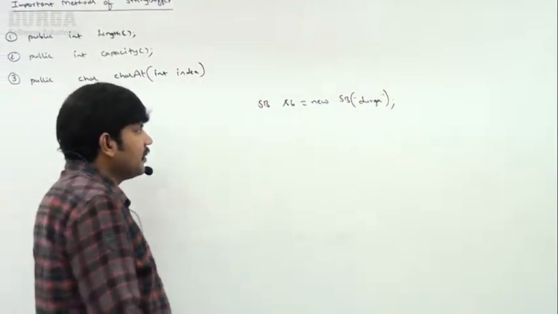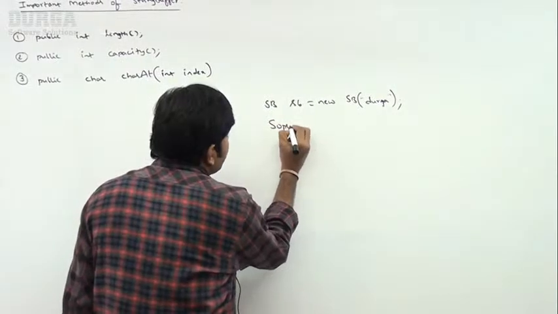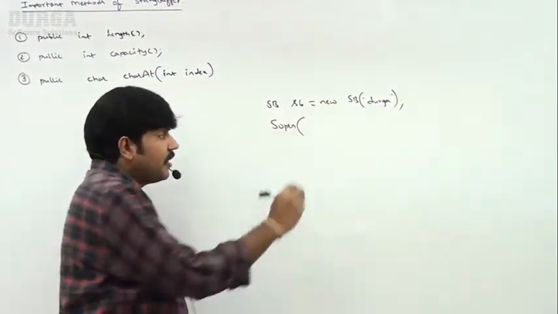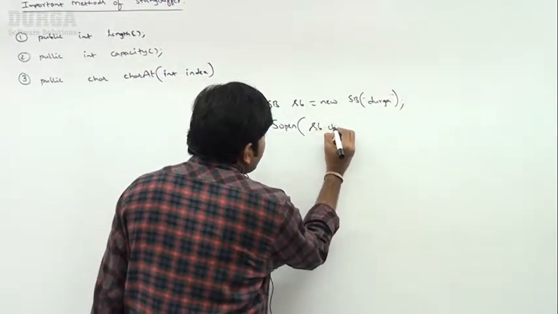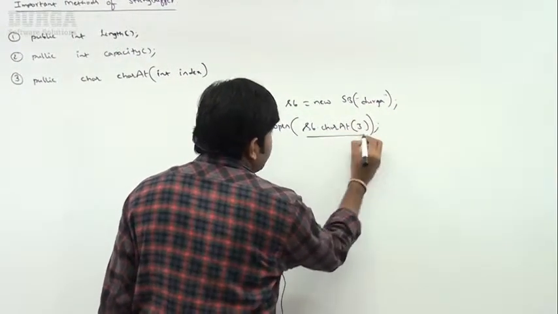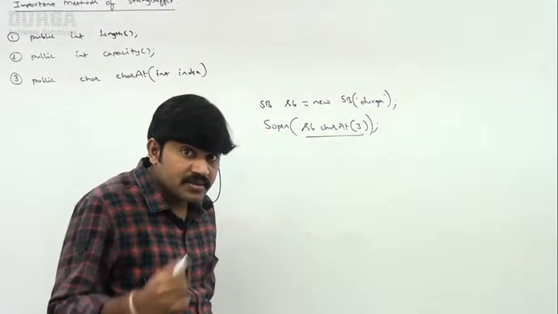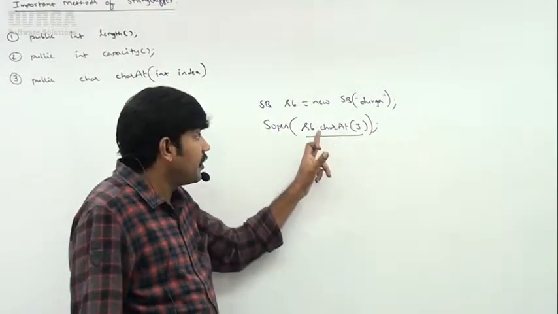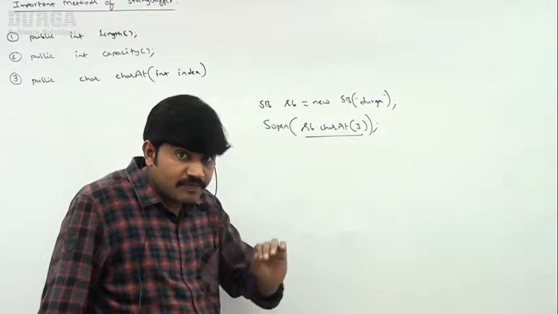Like this I'm taking. System.out.println(sb.charAt(3)). Sir, in the String class, the same example we took. I hope you remember.